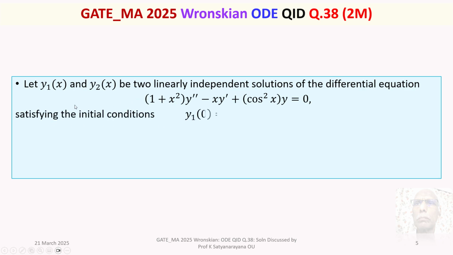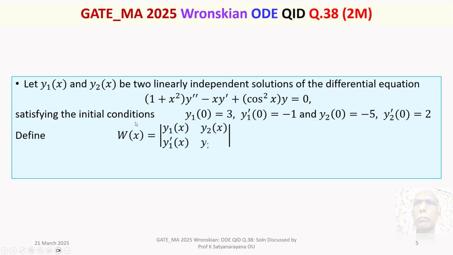This differential equation satisfies the initial conditions y1 at 0 is 3, y1 prime at 0 is minus 1, where prime denotes differentiation with respect to x, and y2 at 0 is minus 5, y2 prime at 0 is 2. These are the initial conditions given to us.